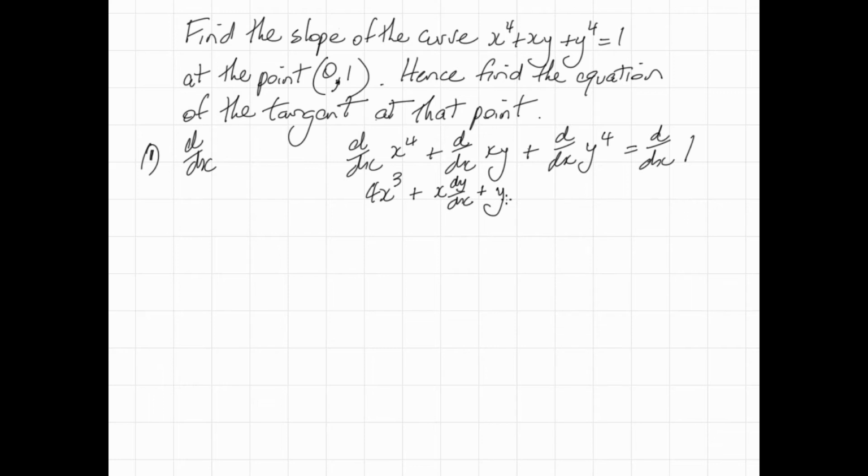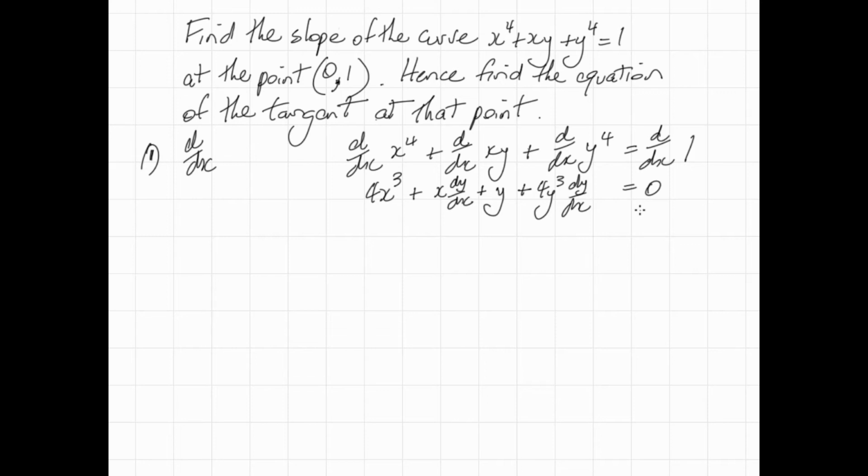So that's the derivative with respect to x of xy, plus the derivative with respect to x of y to the fourth. We have the chain rule, so we find the derivative with respect to y of y to the fourth, that's 4y cubed, and then the derivative with respect to x of y, which is just dy/dx. The derivative with respect to x of a constant is 0.